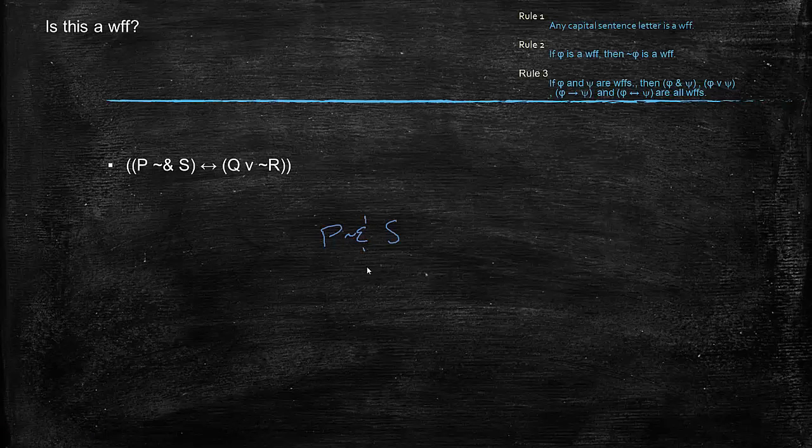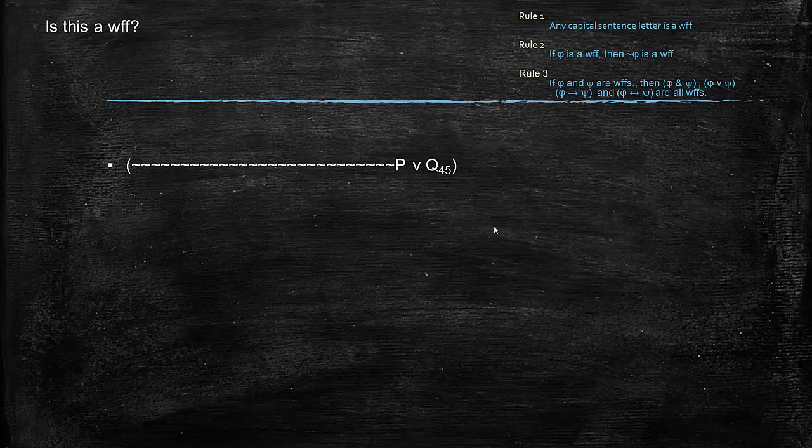Now there's no such thing as not and. So that's not one of the and, or, if then, if and only if. Not and is not one of our connectives. It'd be kind of an interesting connective, but we don't own it, so that's not a woof.